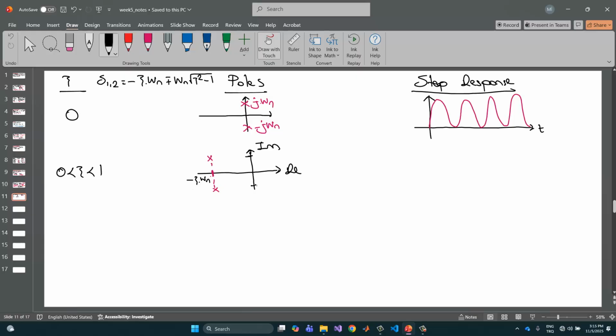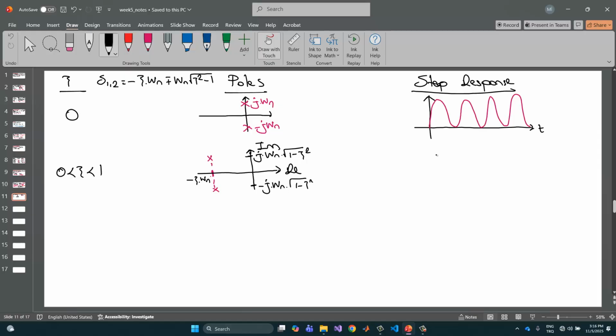And so, what's the value of this term at the imaginary part? jWn times square root of 1 minus zeta square. This is different. But why? Because we have zeta in here between 0 and 1, and it's always negative in here, and so j times this one yields this one. Okay? Minus jWn square root of 1 minus zeta square.